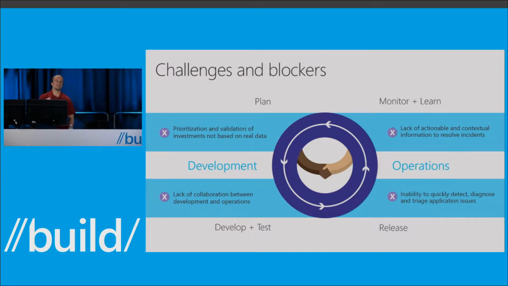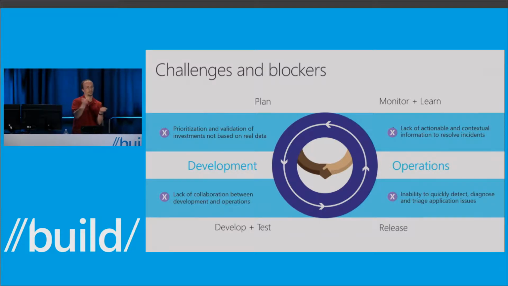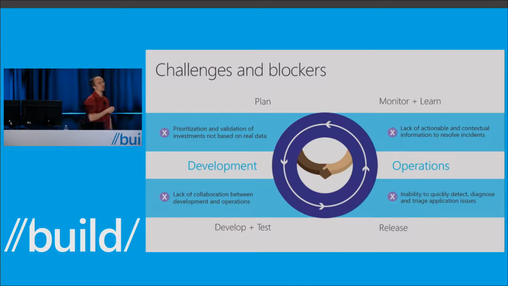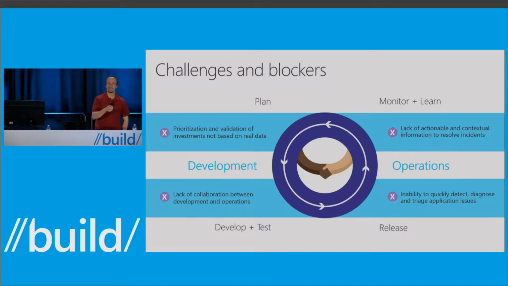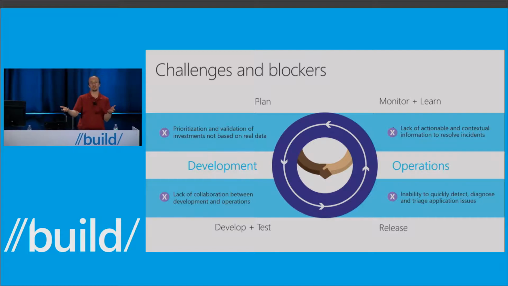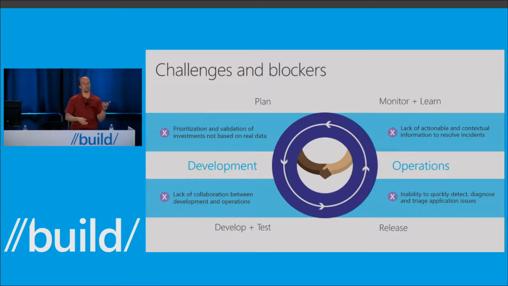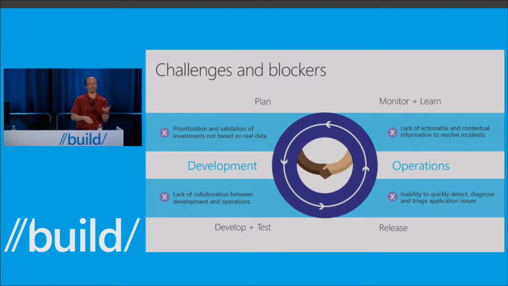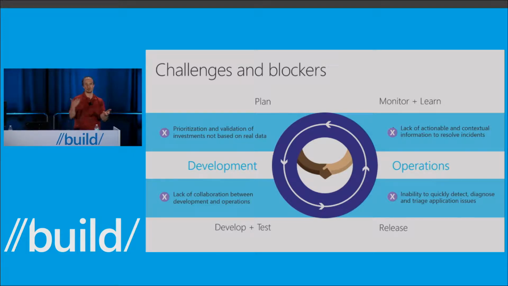And the type of systems that developers and operations use don't talk to each other. And then once you prioritize issues or when you are trying to understand the impact of an issue, sometimes you don't have information whether I need to fix this particular issue or that, because you don't know the impact. You don't know how many users actually have been affected by this particular failure versus another.